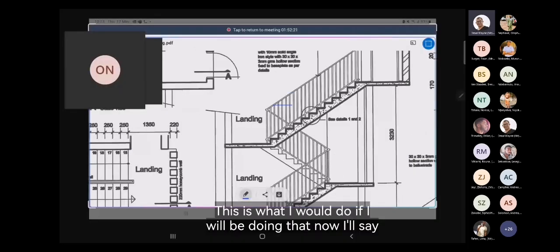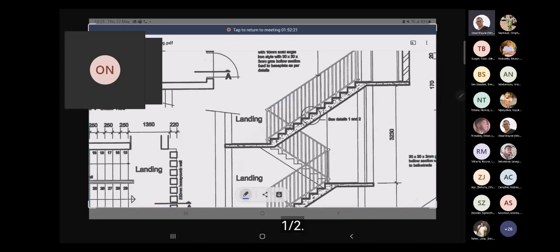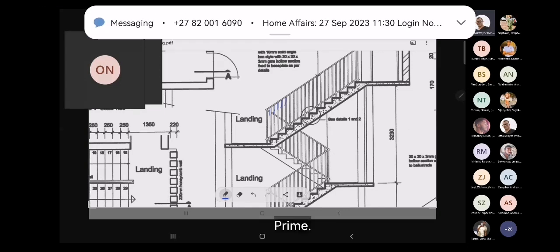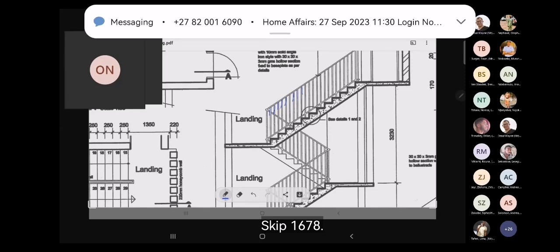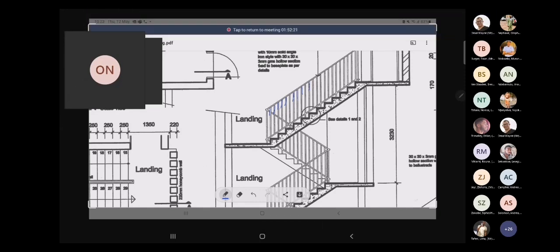I'll say 1, 2, 3, 4, 5, skip 1, 6, 7, 8, skip 1, 9, 10, 11, skip 1, 12, 13, 14, skip 1, 15, 16, 17, 18.